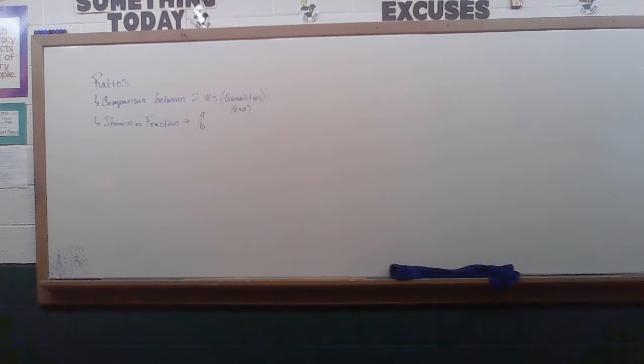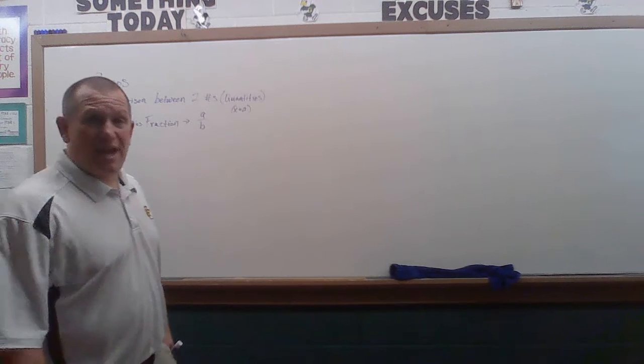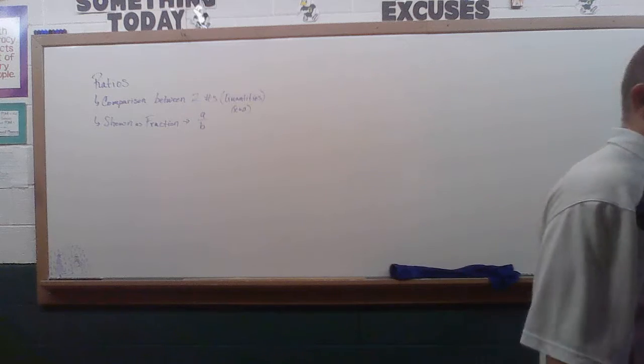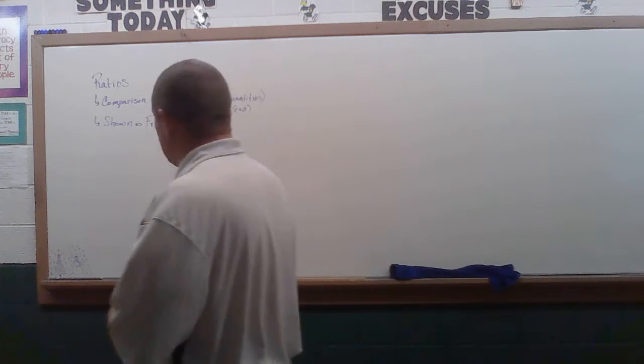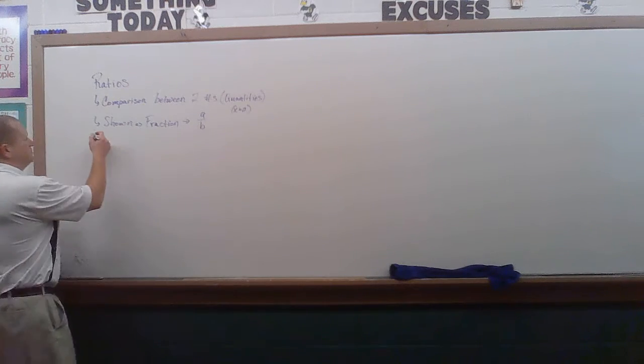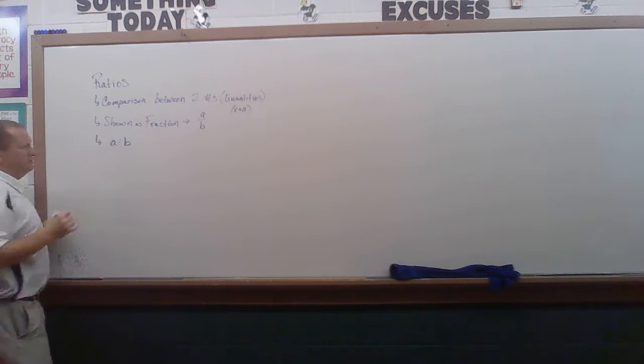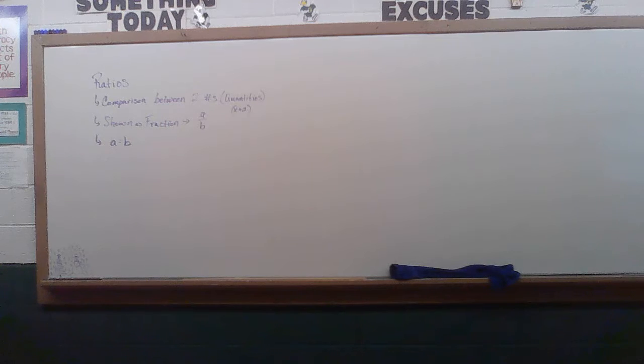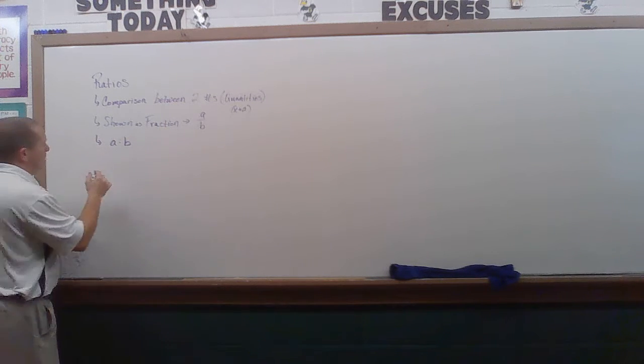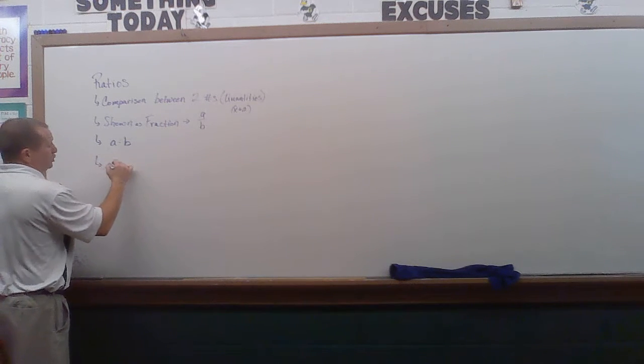Any quantity A over quantity B. Any idea how else I could show that? I can also use a colon, A to B, or I can actually use the word to.